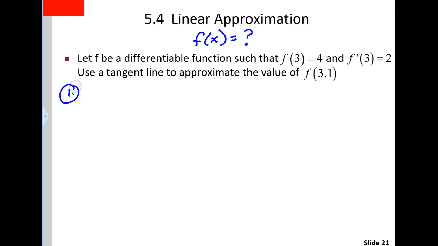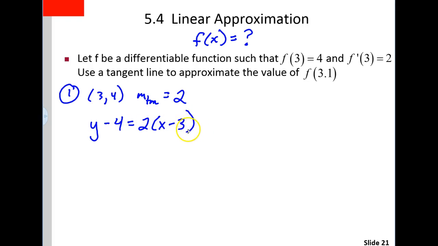Well, it's actually pretty easy. We take the point, remember f of 3 equals 4, so that means we have a point at 3, 4. And we take the slope of the tangent, which we were told f prime of 3 is 2, so m tan is 2. So we write the equation of the tangent line. y minus 4 equals slope of 2 times x minus 3. That was really easy, and actually that part is going to be much easier.